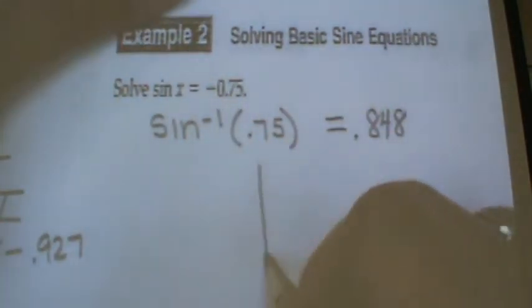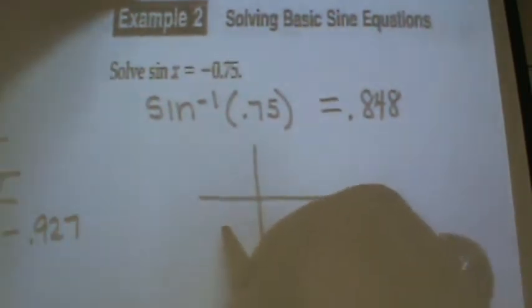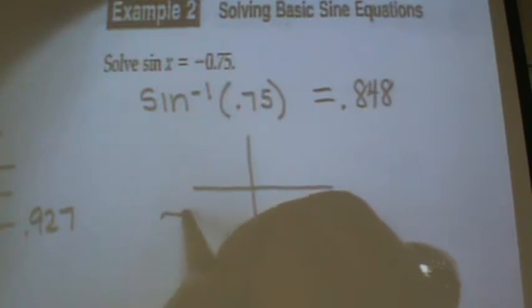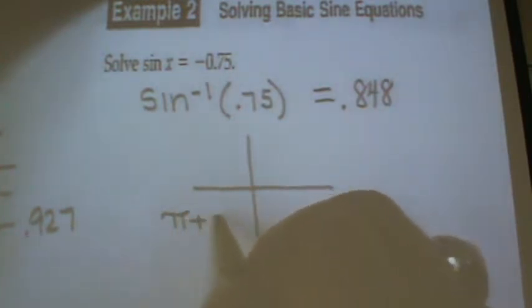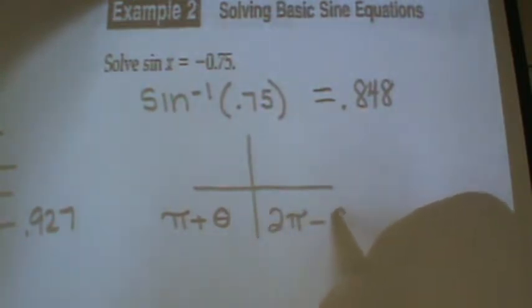In what two quadrants is sine negative? It's negative in quadrant 3 and 4. Well, if it's in 3, you do pi plus that answer. And if it's in quadrant 4, it's 2 pi minus that answer.